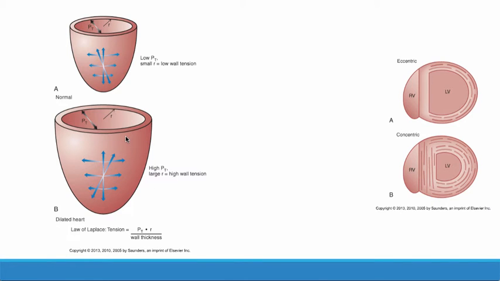Laplace was the famous French mathematician and physicist who described wall tension as a function of wall thickness and the radius of the unit that we're using. He didn't talk about cardiology, but he talked about flow through tubing and such, and the diameter of the vessel was important.